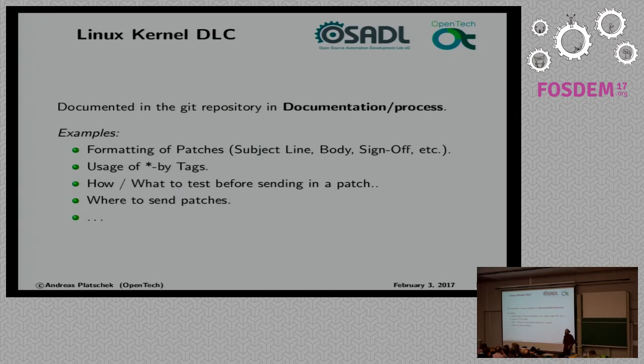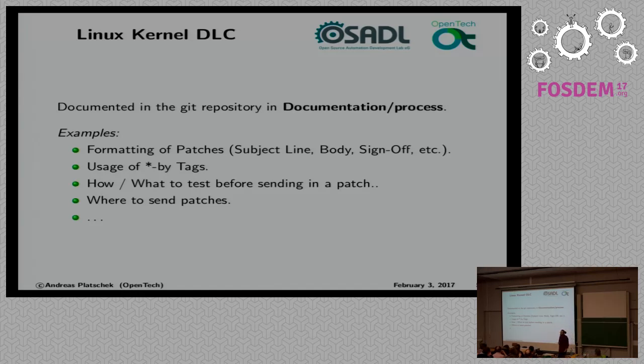The first point I had before was that a process has to be in place, and the good news is there is a development lifecycle in place in the Linux kernel. It's documented in the source code in the Git repository, in the documentation process. Some examples for the content are how patches should be formatted, what the subject line in the patch should look like, what the body should contain, how patches should be signed off, and so on.